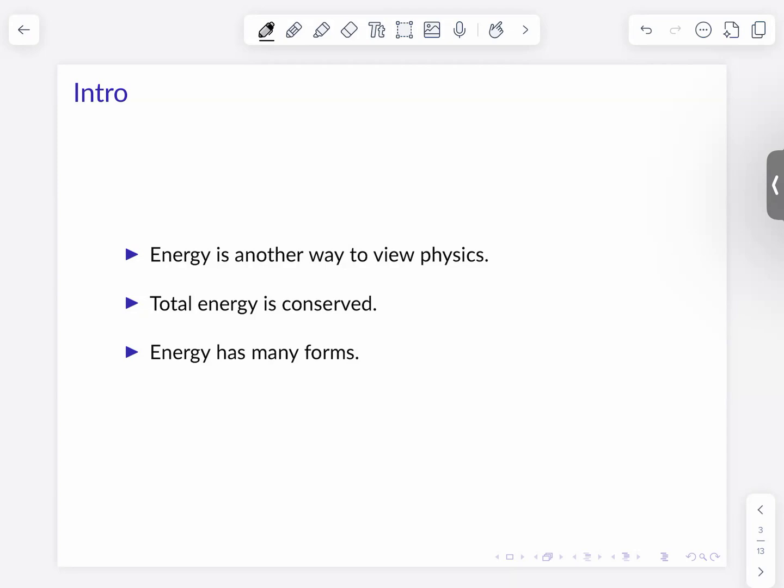Energy and its sister, momentum, is sort of at right angles to forces. You can do a problem with force methods, or you can take a different perspective and do it with energy methods. Very, very many problems can be done both ways. That's really good news for you.